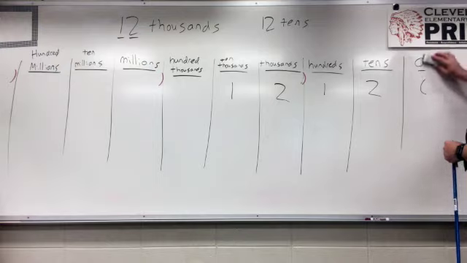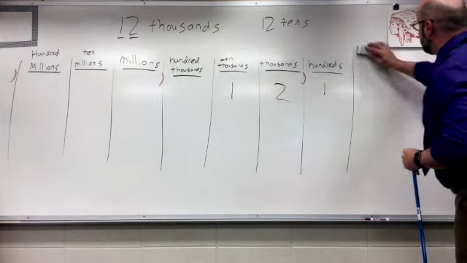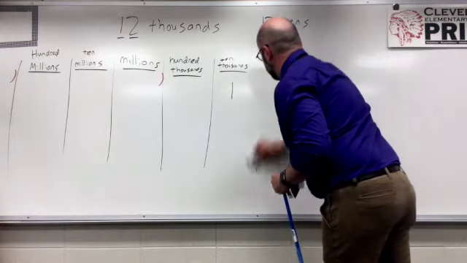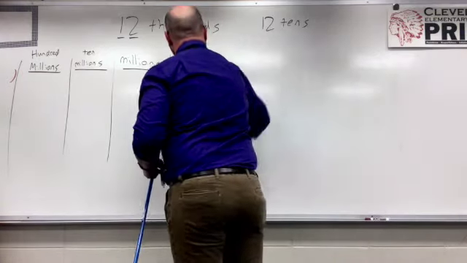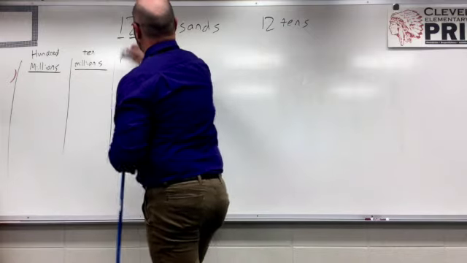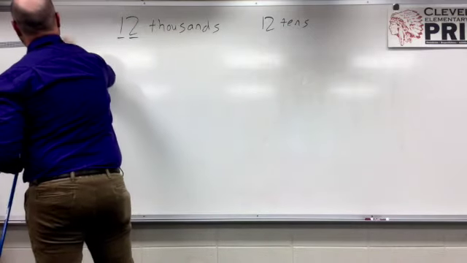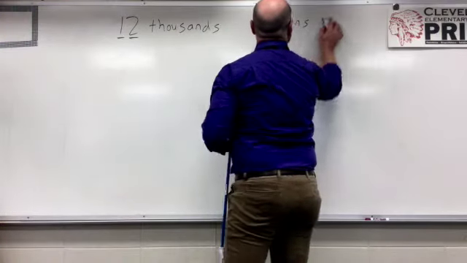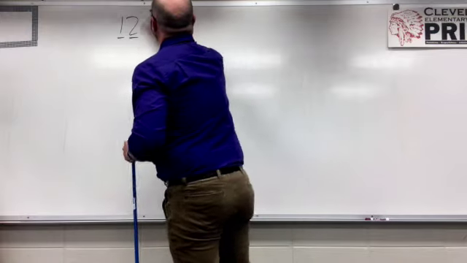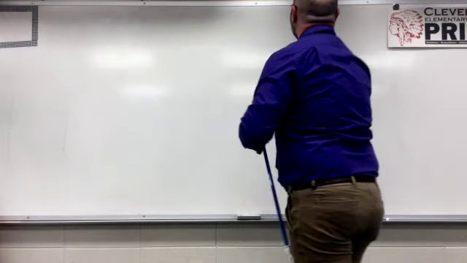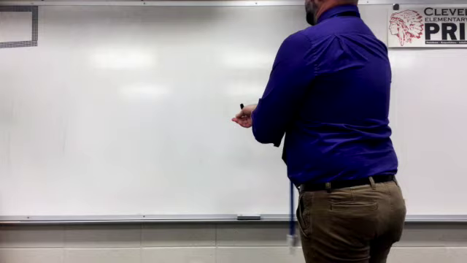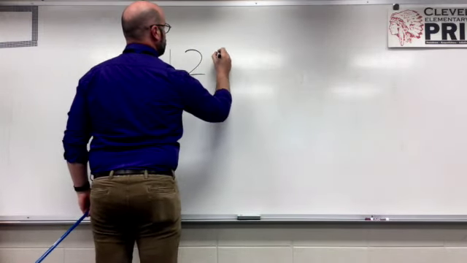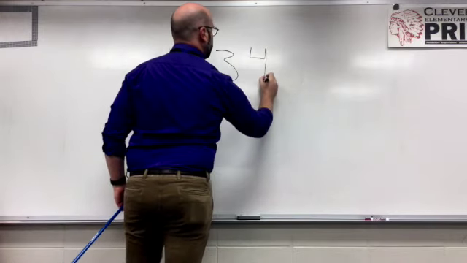But what I want us to really focus on for this particular lesson anyway is our comma placement and making sure that we can write numbers properly. Okay, we have the number 1, 2, 3, 4.